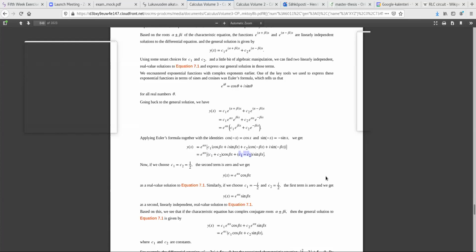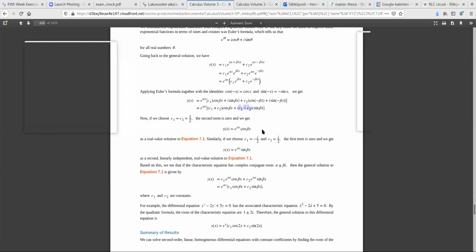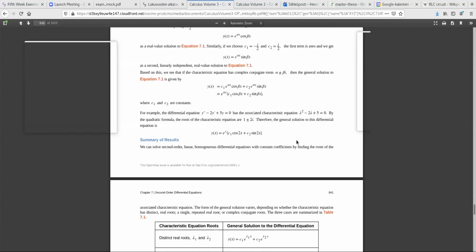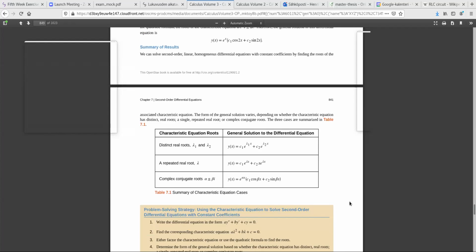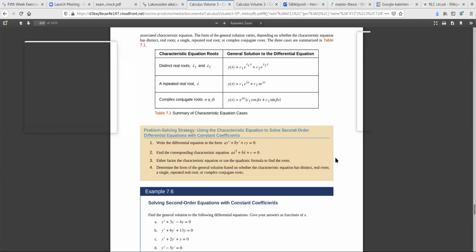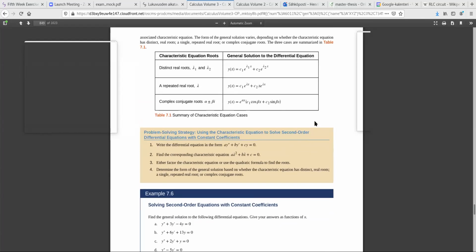I didn't use a lot of time to go through this part of the theory, but the summary of the result is here. It will be easier to understand if you take a course on differential equations, that continues from here.